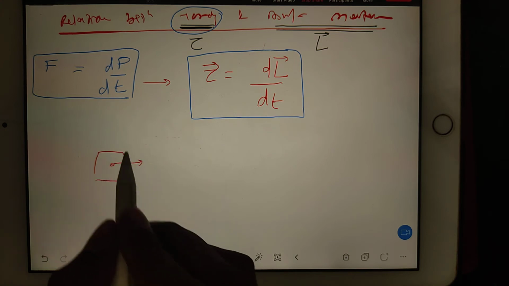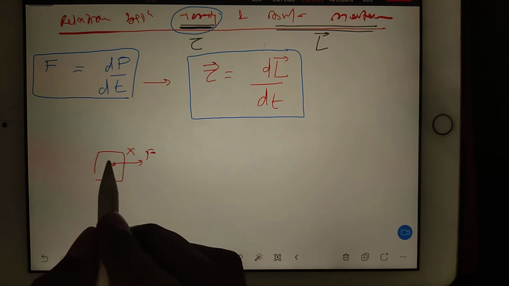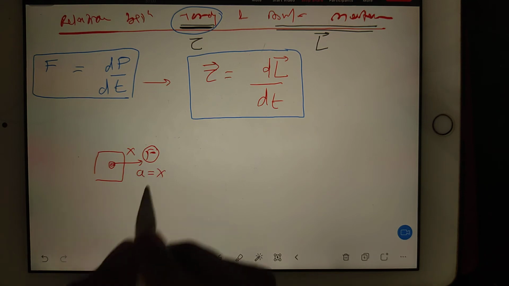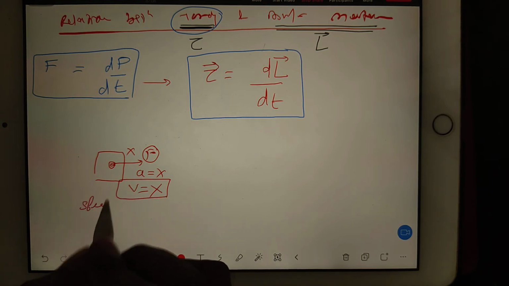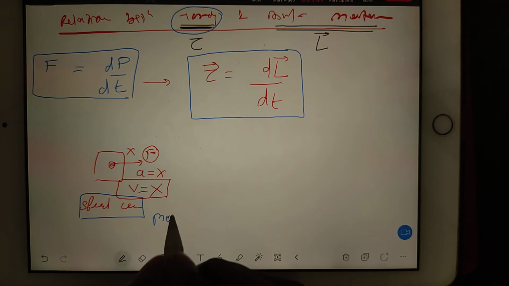Now understand one logic. If there is a particle and no external force is acting on it, then there is no acceleration, and if there is no acceleration, then velocity will not change. If velocity does not change, speed is constant, and if speed is constant, your momentum is also constant, because momentum is mass into velocity.